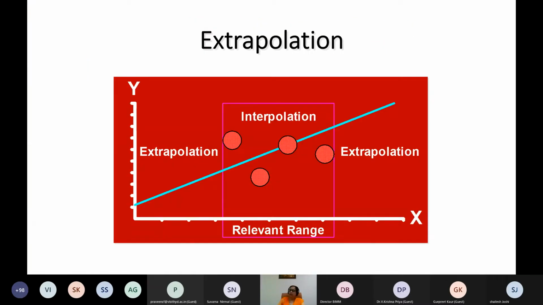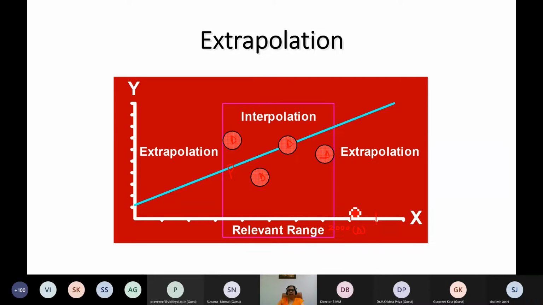And this is the chart that you have drawn using your actual data, and this is your prediction. So I can extrapolate it. Let's say this is still December, now this is for January, this is for Feb.